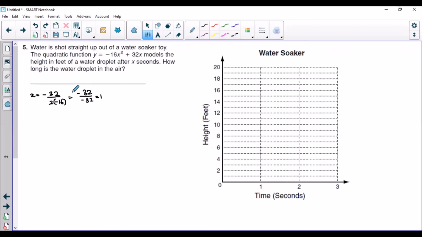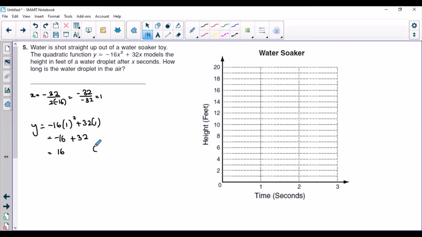Using the same value, let's substitute and find out the value of y. -16 times 1 squared plus 32 multiplied by 1. 1 squared is 1, so multiplied by -16 is -16, plus 32. 32 minus 16 is 16.